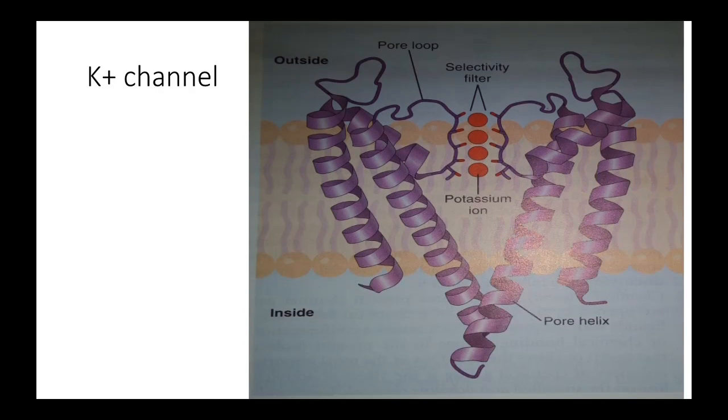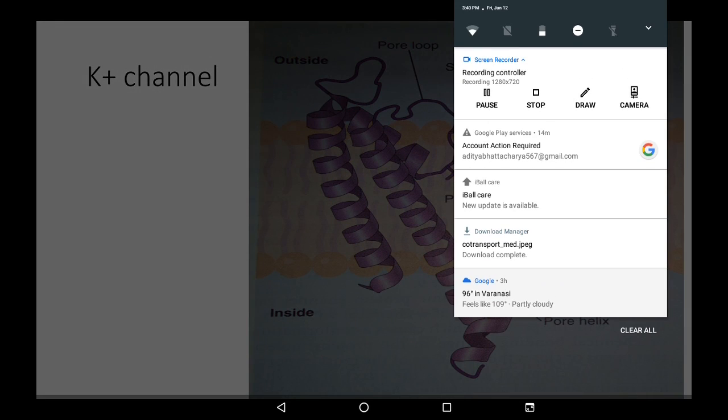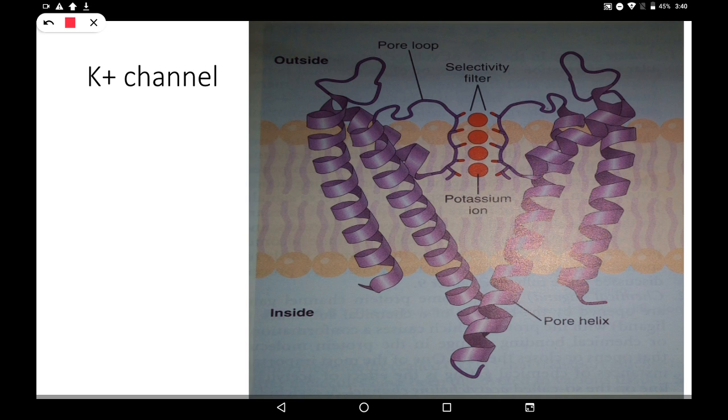It is a picture of a potassium channel, and in this picture we can see that there is a selectivity filter, right? There is this selectivity filter through which only potassium ions can pass, right? So how does this happen?